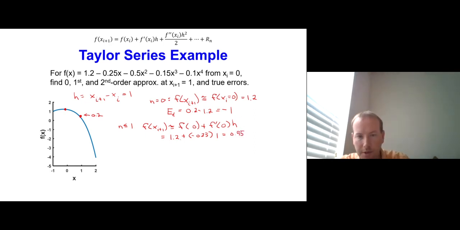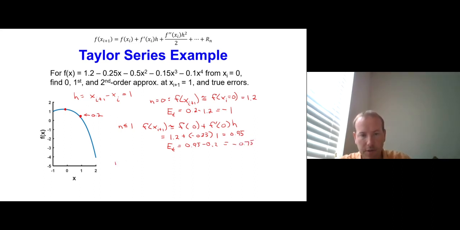And so to calculate our true error, it's the difference between the true value, which is 0.2, and our approximation, and that gives us negative 0.75.